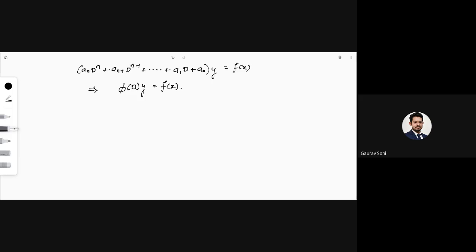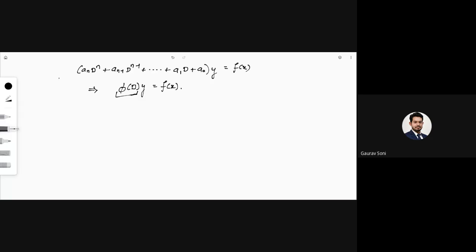Phi of D is actually the notation for a function in terms of D. So what is this? An D raised to n, an minus 1 D raised to n minus 1, and so on up to a naught. This is a function of D. So that's why I can write it down as phi of D.